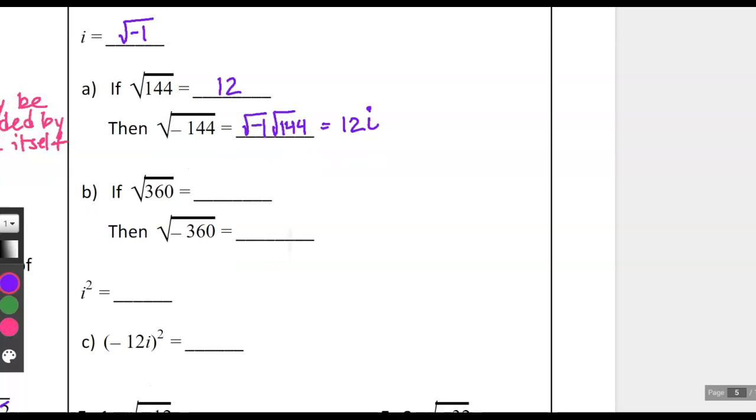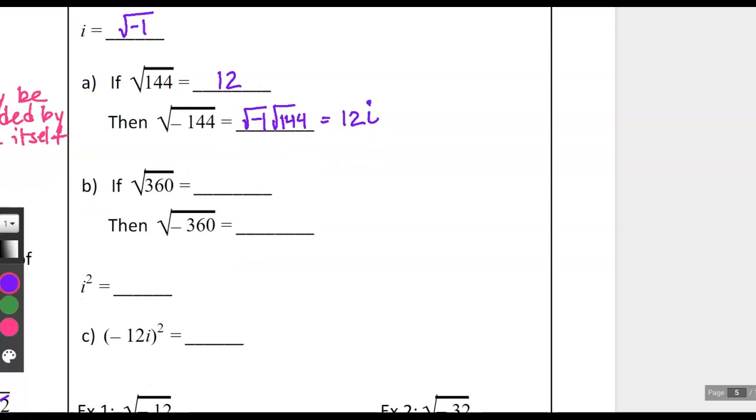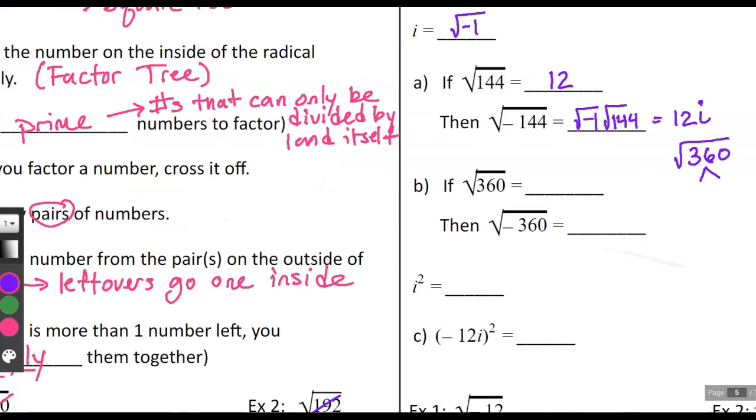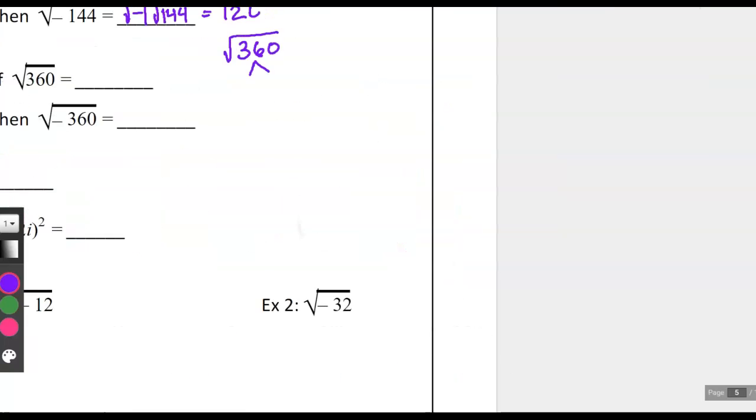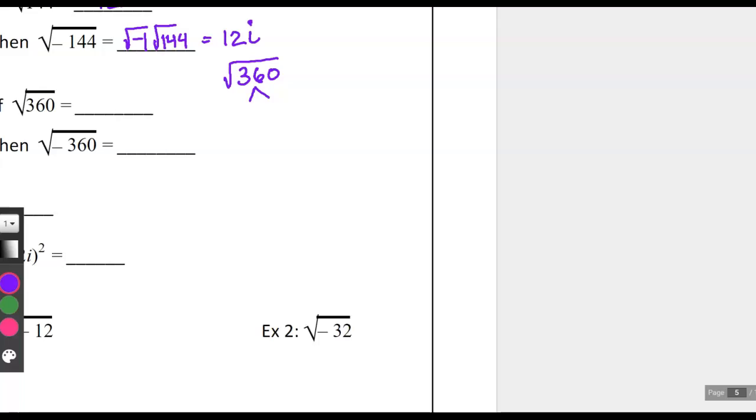For part B, what we have to do is we have to first simplify this radical. How do we simplify radicals? We create our what? What did we do to simplify radicals? We create our factor tree. Yes. Now what goes into 360?